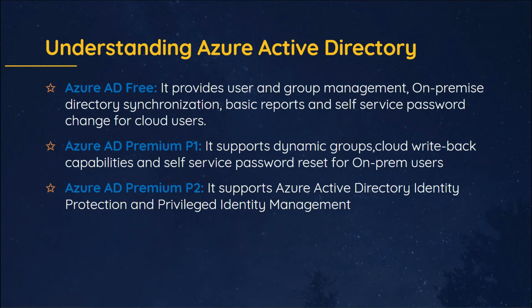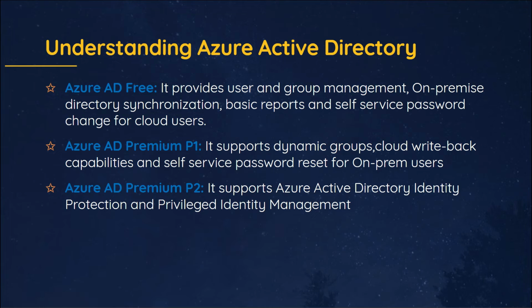So this comes with 3 subscriptions. Azure AD Free: if you're using a pay-as-you-go model or created a subscription, you will initially have Azure AD Free. In Azure AD, you can create users and groups, that is user and group management, and you can do on-premise Active Directory synchronization. That's a tool called AD Connect, which is used to connect Azure Active Directory and the on-premise Active Directory in your environment, and we can synchronize it.